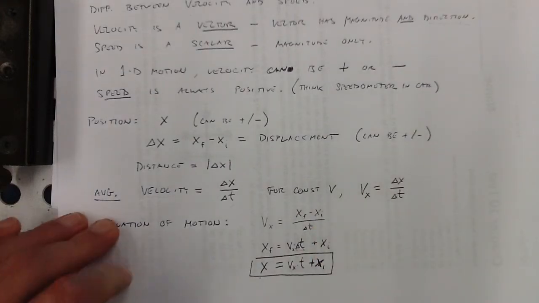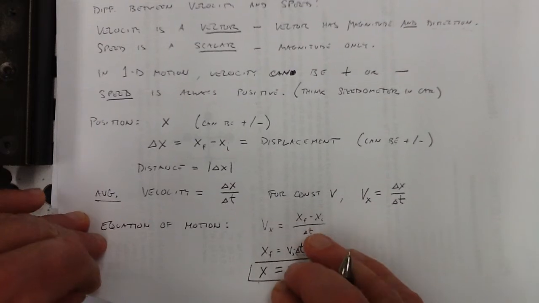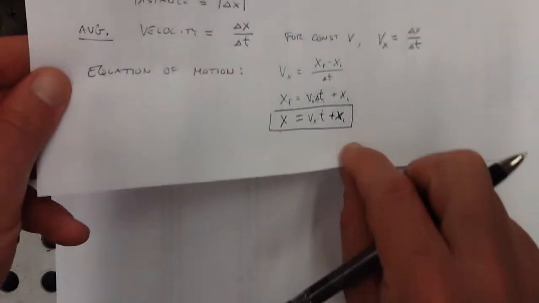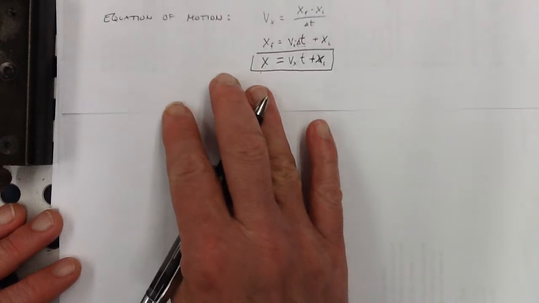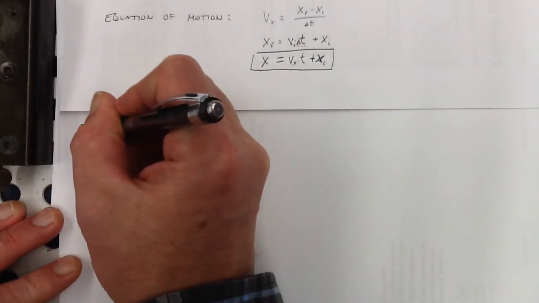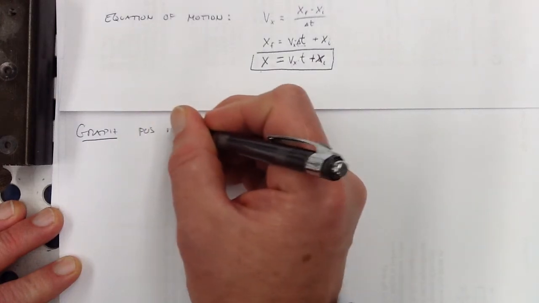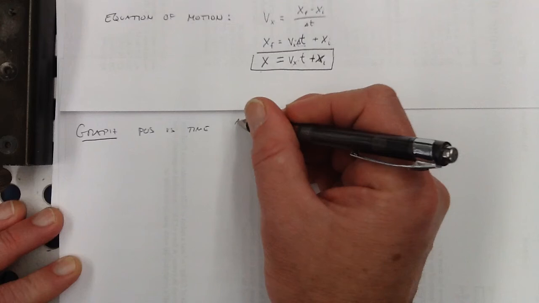And graph, what would that look like if we graph that? You've already seen it. It's your ping pong ball cannon. So the graph of position versus time would look like this.